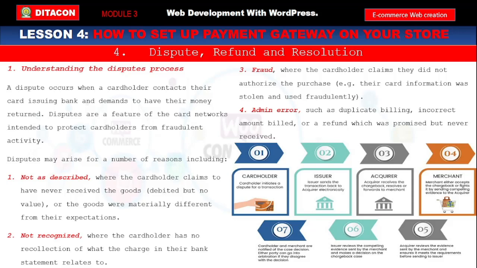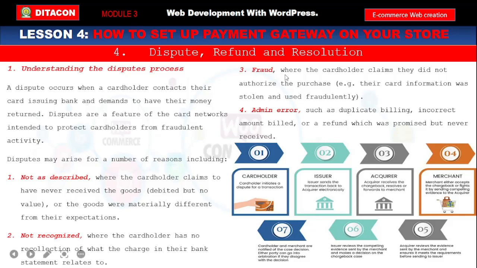So the person can approach their bank and request for a refund or report it as a fraud, or go directly to the payment gateway, and the payment gateway will contact the merchant, process how to charge the person back, and refund the money to the affected person.